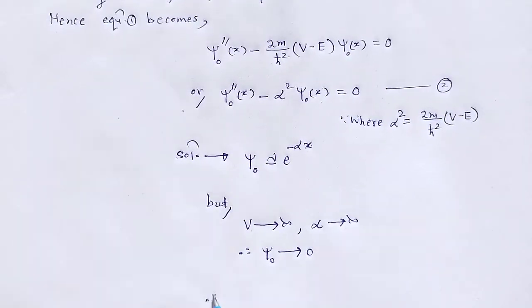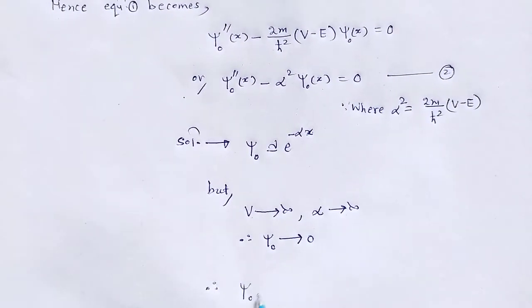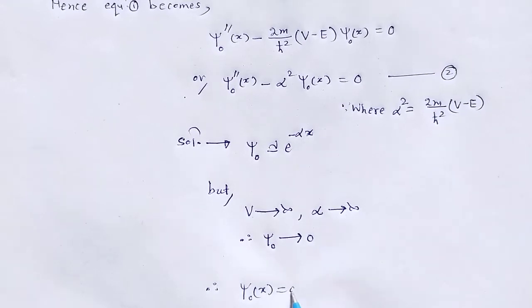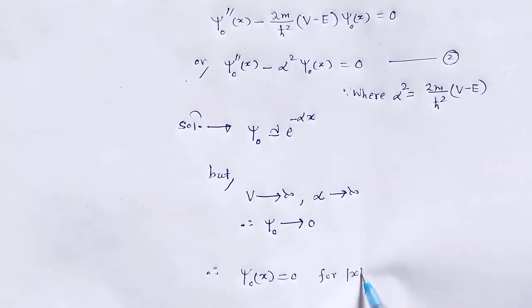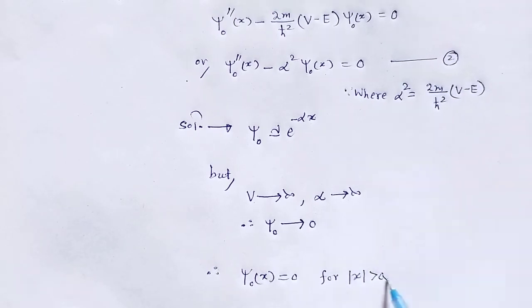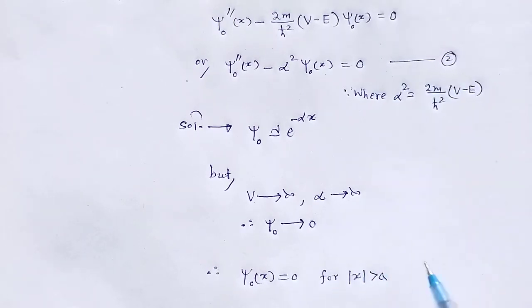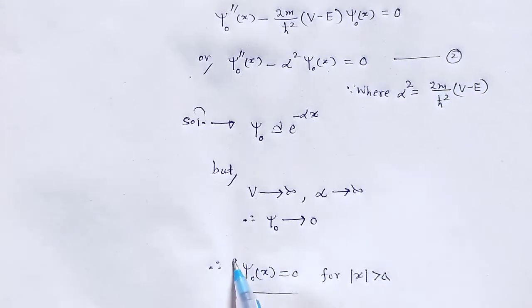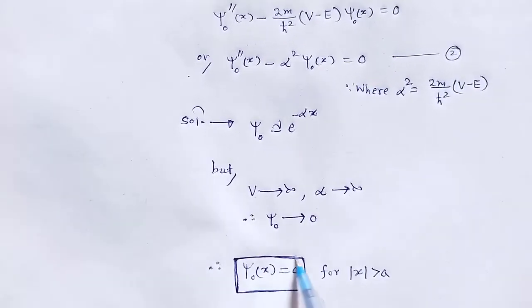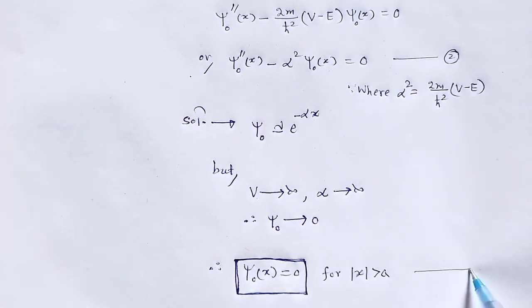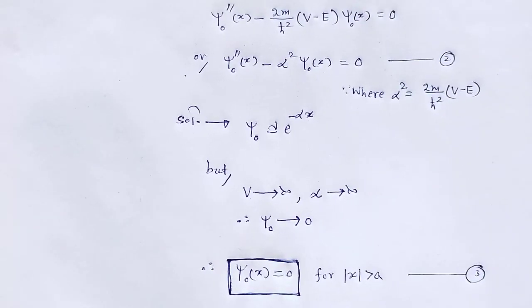Therefore we write psi naught of x is equal to 0 for x greater than A, meaning the particle outside of the box. That is equation number 3.